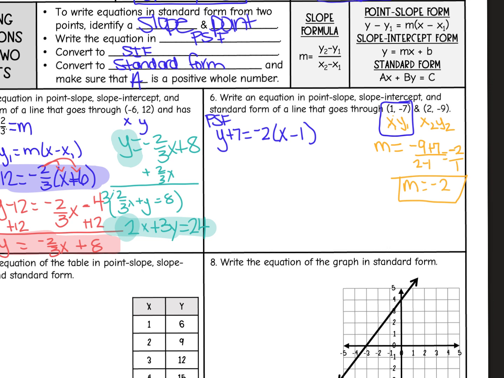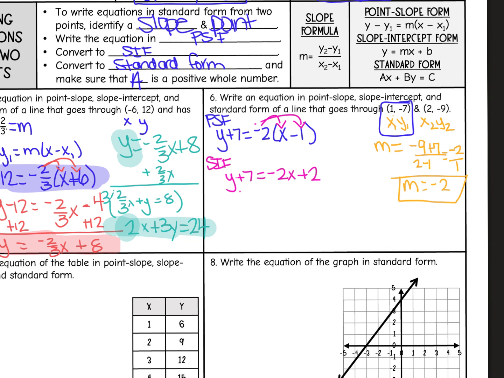Now that I have it into point slope form, let's now put it into slope intercept form. So remember, we want that y equals mx plus b. Okay. So in slope intercept form, I want to first distribute out of point slope form. So I'm going to have that y plus 7 equals -2x plus 2.